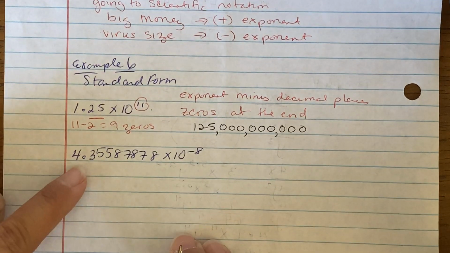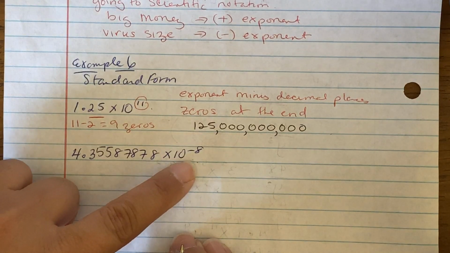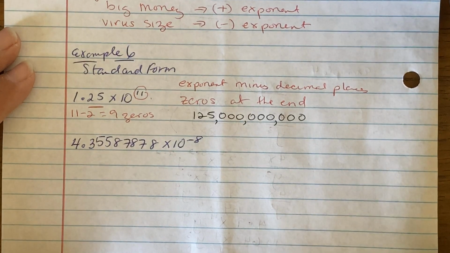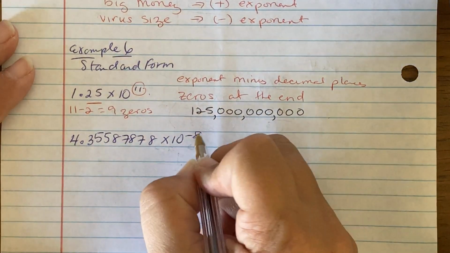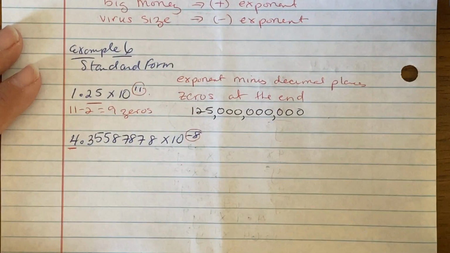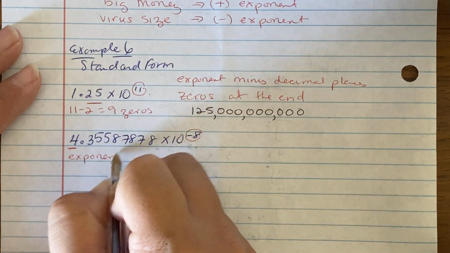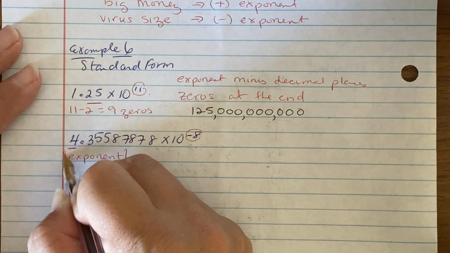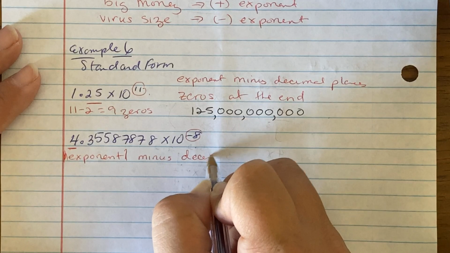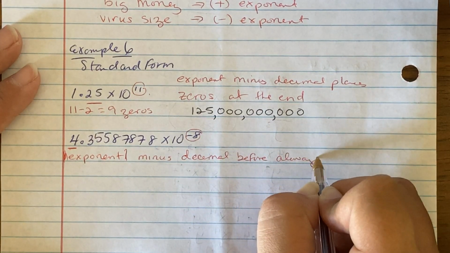The second one where it says 4.35587878 times 10 to the negative 8. It's going to be one different. You're going to use the absolute value. So the exponent is negative 8. You're going to go number of decimal places before. So it's going to be the absolute value of your exponent, minus decimal place before, which is always 1.